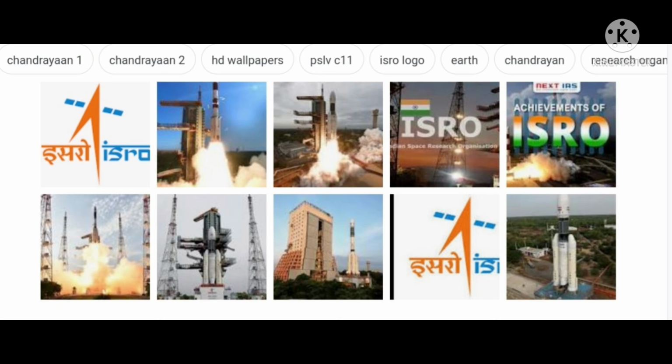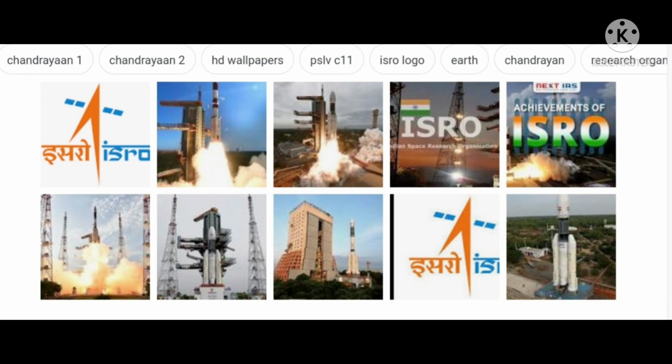This is a unique mission which aims at studying not just one area of the moon, beta, but all the areas, combining the exosphere, the surface, as well as the subsurface of the moon in a single mission. That is why it is also called Chandrayaan.